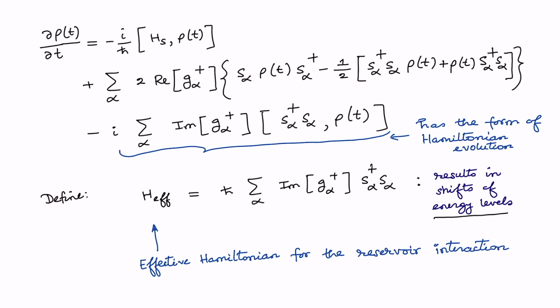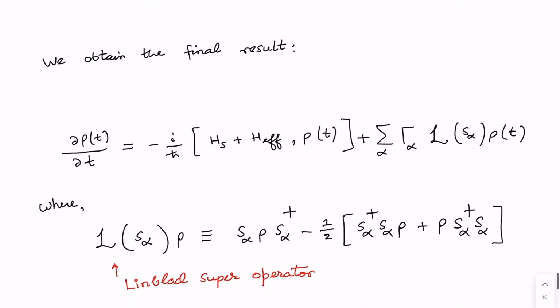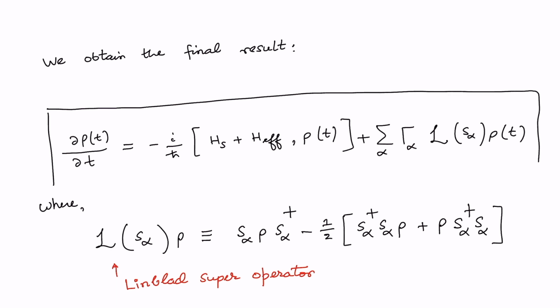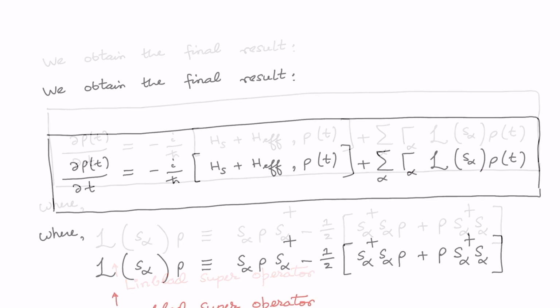And using this we can obtain the final form of our evolution equation for the system density operator, and this is the so-called quantum master equation.